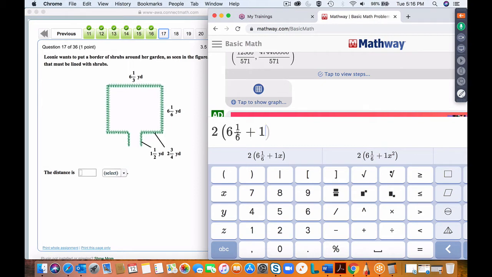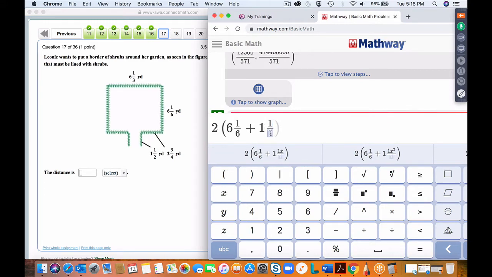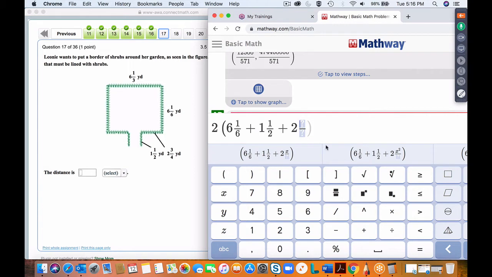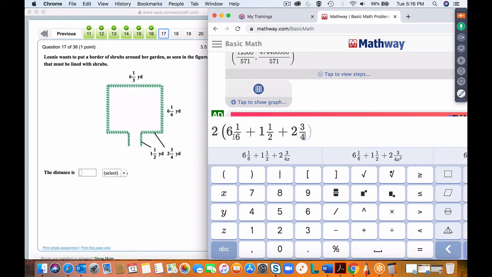Let's put 1 over 2 plus 2 3 over 4. Notice that I have the 3 numbers: the one on the right, which is right and left, the one on the bottom, which is the right and left, and then plus 6, 1 over 3, 1 divided by 3.